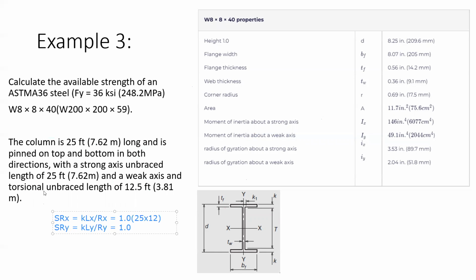For LY, ito yung minor axis, nakalagay dito is 12.5 feet naman siya. And then we multiply that to 12 para maging inches siya. And this is divided by RX. What's the value of RX?